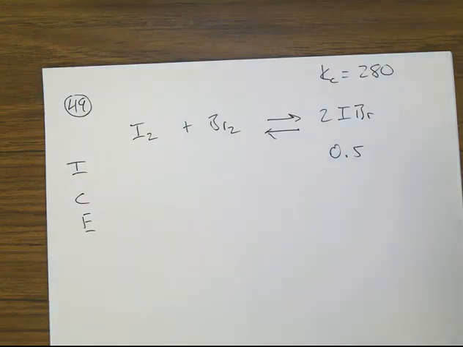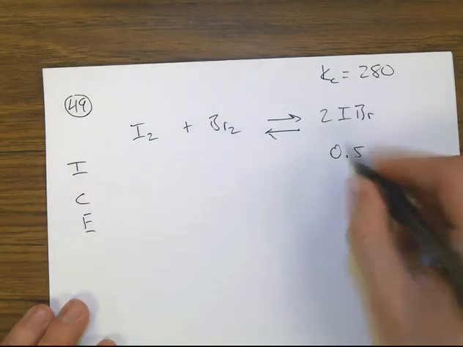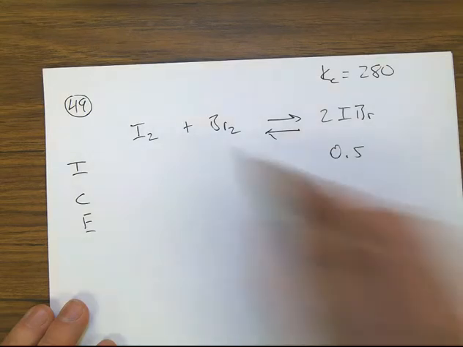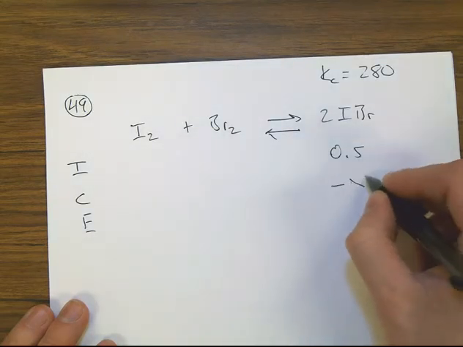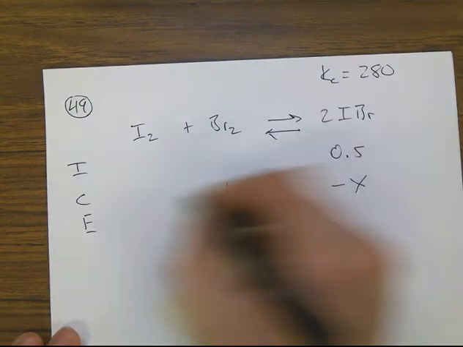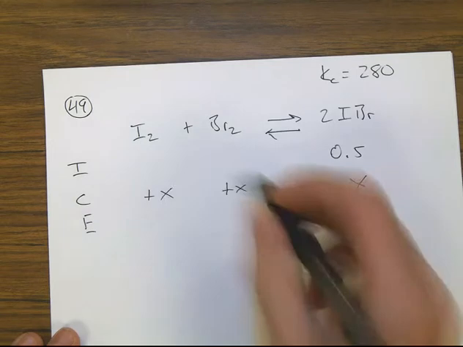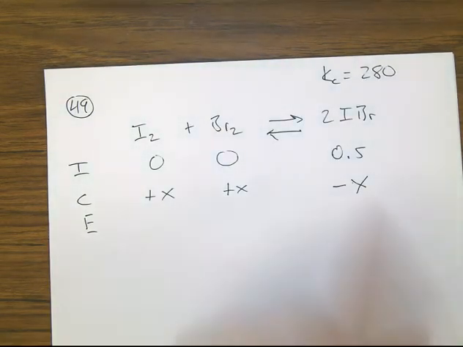So because of that, you're going to lose iodine bromide. It's going to be converted into these two. We don't know how much it's going to be, so I'm just going to write minus x. And we know these two are going to increase by some value x. Again, initially, they're both 0 because we started off with nothing but the IBr.